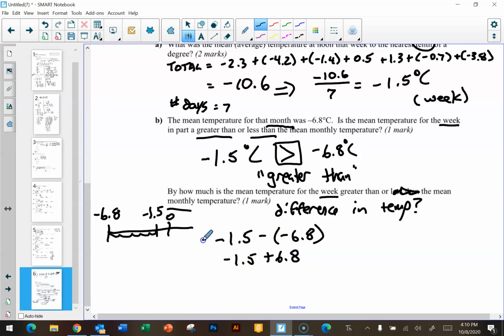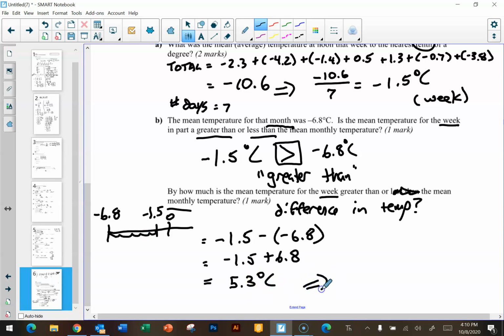The difference between these two temperatures, remember, is going to be a positive jump. That is positive 5.3. We're at negative 1.5, and then we have to jump 6.8, which takes us into positive territory. So 5.3.